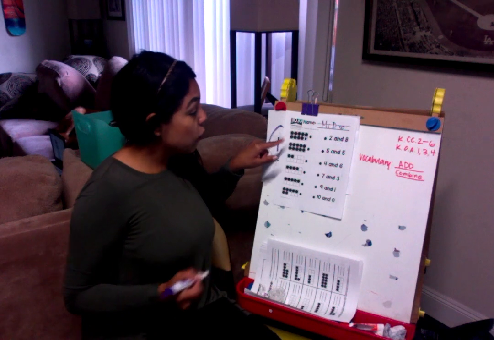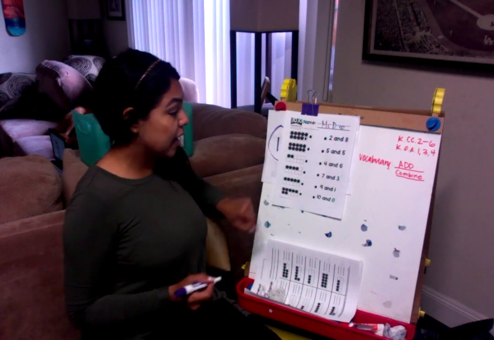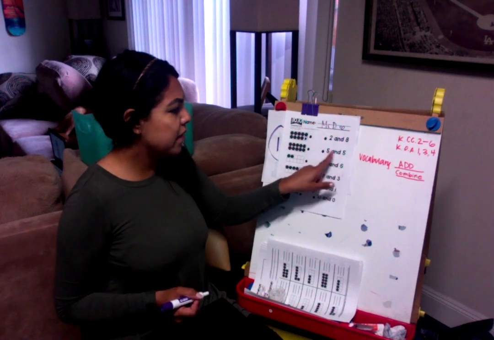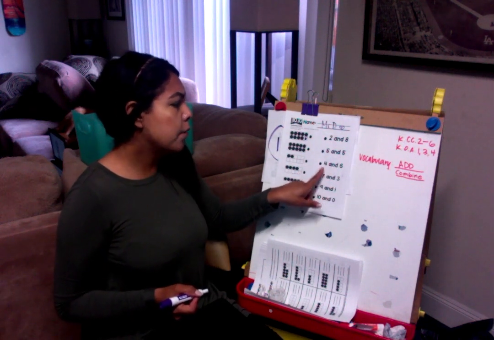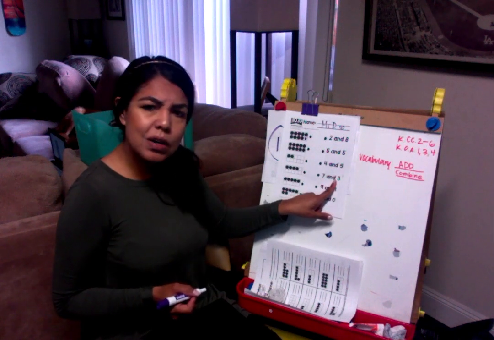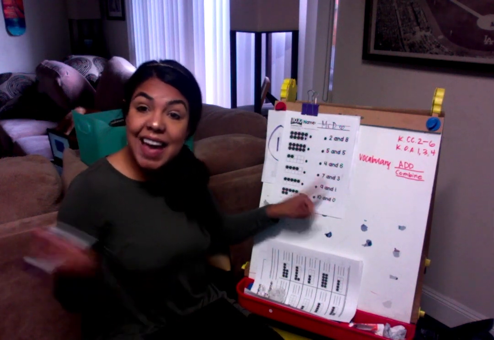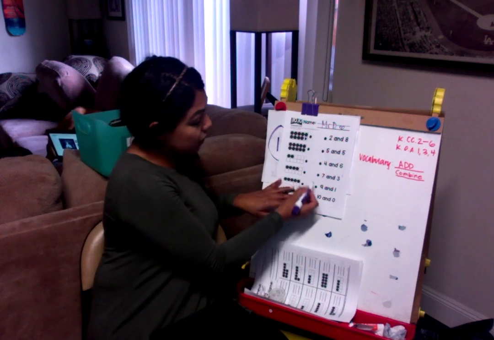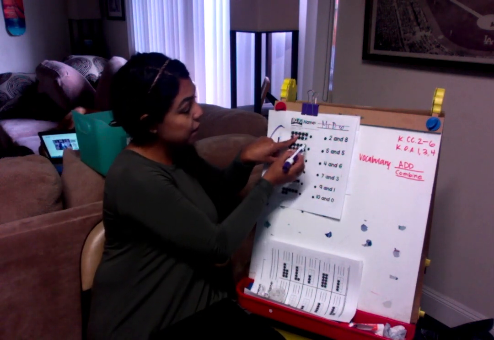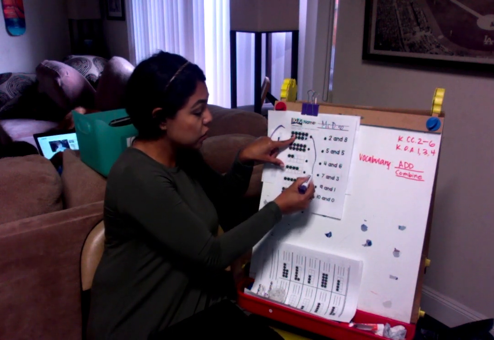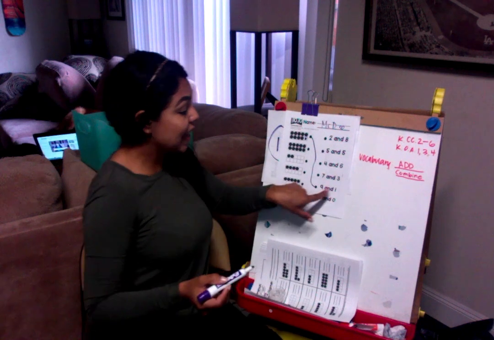Good. So now I'm going to find the 9 and the 1 on this side. Okay, 2 and 8, no. 5 and 5, no. 4 and 6, no. 7 and 3, no. 9 and 1, yeah! So I'm going to connect it. I'm going to draw a line from the top 10 frame all the way to the right answer, which is 9 and 1.